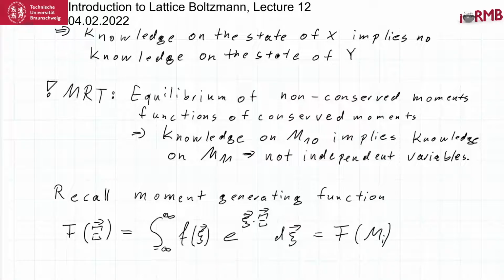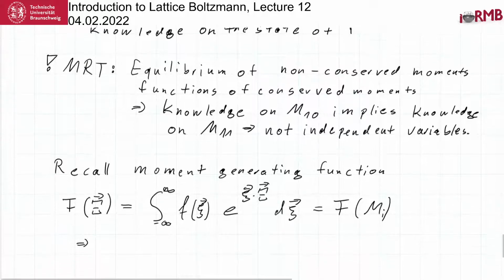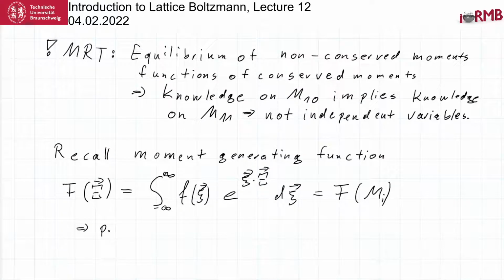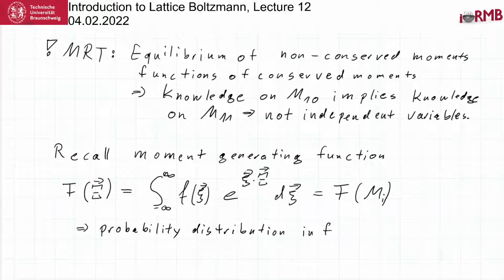So this is the probability distribution in frequency space, and this is basically a Laplace transform up to the sign.